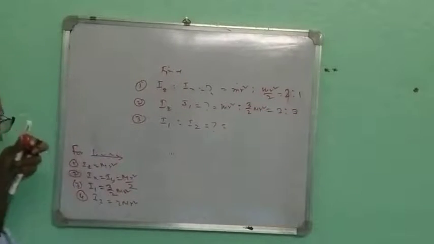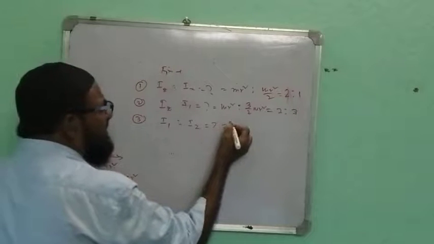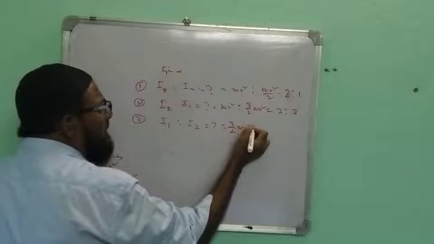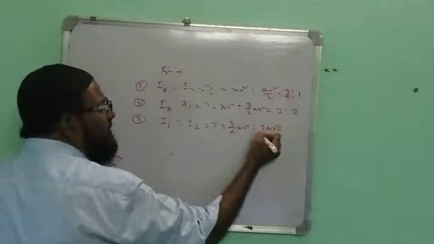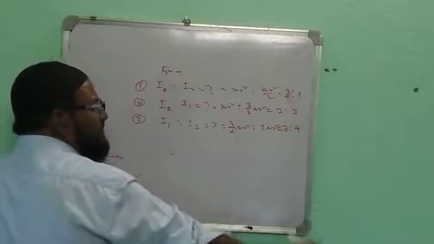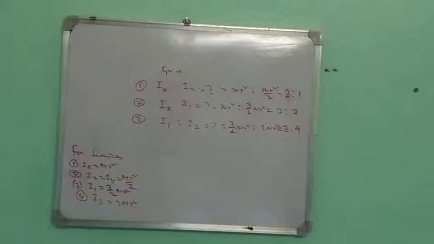I1 is 3 by 2 M R square and I2 is 2 M R square, so 3 is to 4. Is it clear? 3 is to 4. Okay? Next.